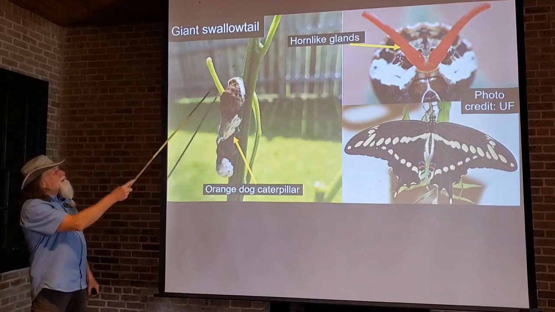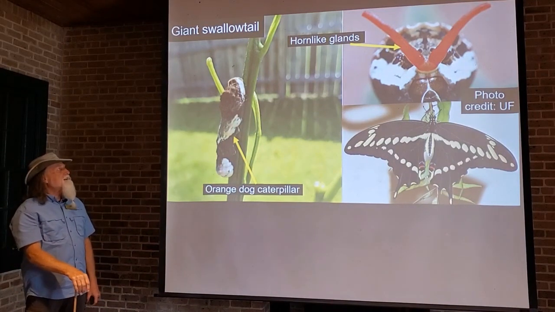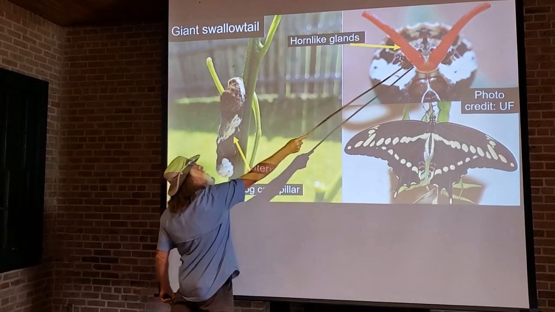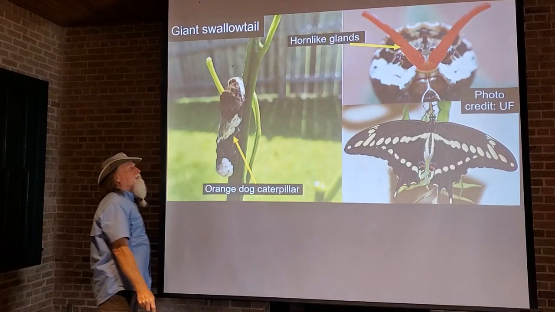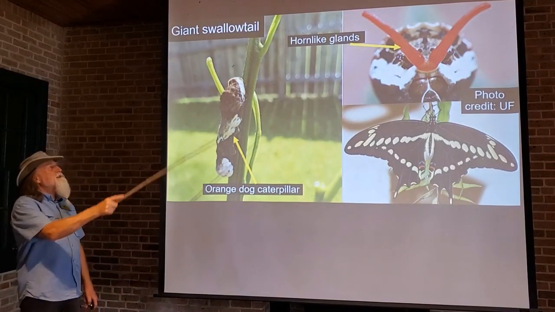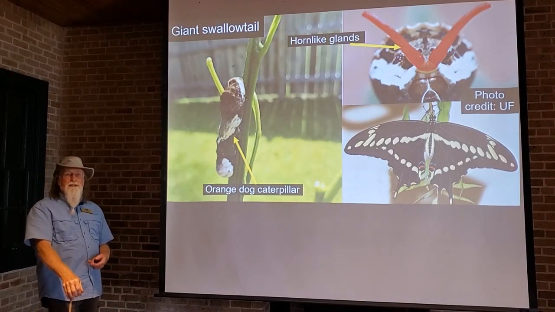And as you can see, it doesn't take much imagination to look at that and think, you know, that does kind of look like bird droppings. And here we have a picture of those horn-like glands that the caterpillar puts out when it's disturbed. You can see those are brightly colored. That bright coloration is one form of defense.